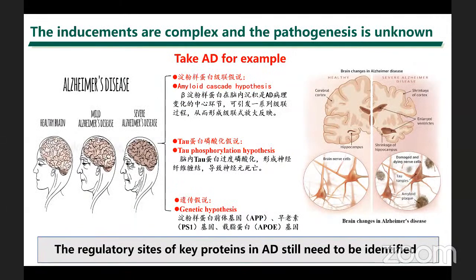The etiologies are complex and the pathogenesis is still unknown. Take Alzheimer's, for example: the amyloid-beta hypothesis, the genetic hypothesis and other hypotheses are the main explanations currently. However, the regulation of key targets in AD still needs to be identified.